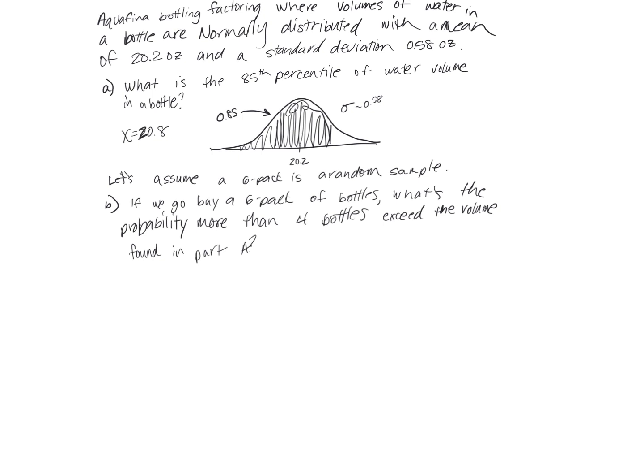All right. Anything jumping out at you when you see that? When you see a 6-pack, that 6 is a random sample. Are we comfortable with looking at that and saying, well, doesn't that mean that n equals 6? And we're trying to find the probability something is bigger than 4? Are we comfortable with that idea? And what is that something if I asked you to define what x is?